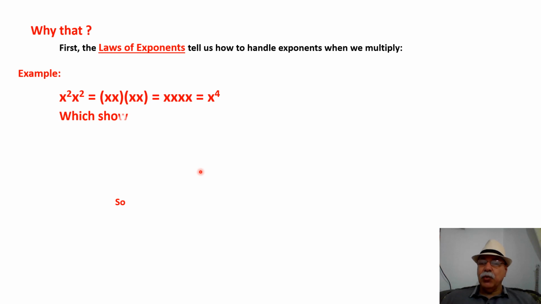Now I say here, show that x squared times x squared equals x to the power 2 plus 2, equals x to the power 4. This is the meaning. I write it again in this shape, or this is the method again.